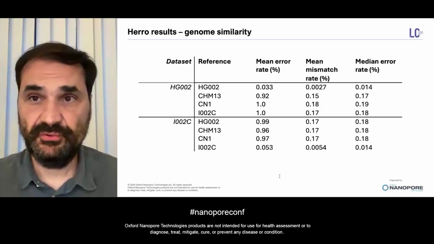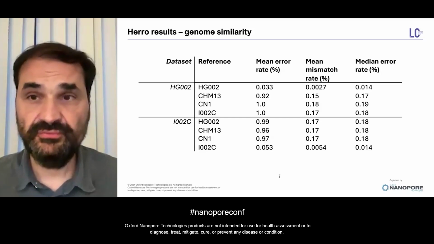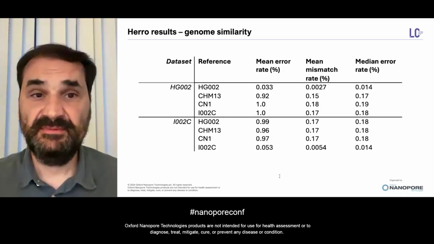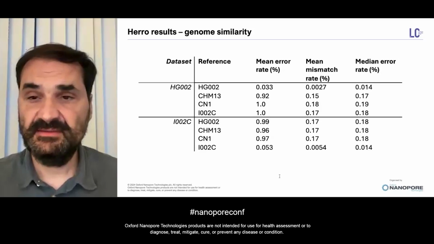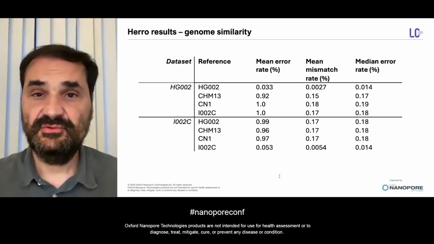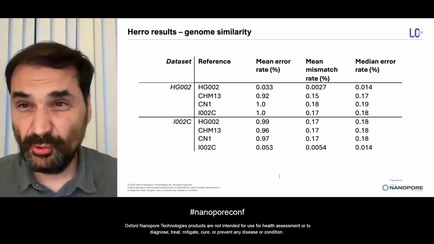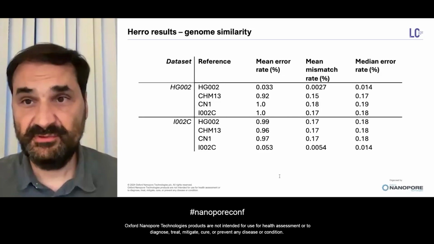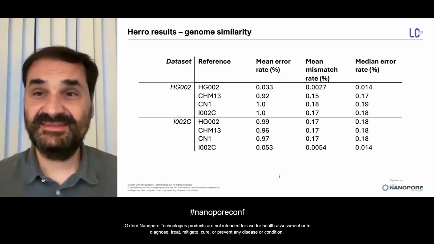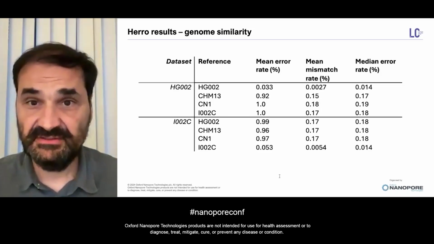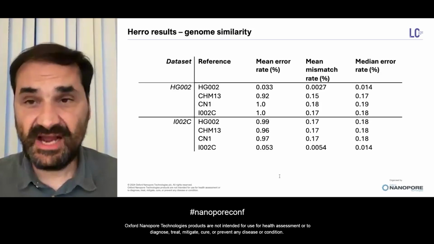In the first row, you can see HG002 reads when we map them to the HG002 reference and some other references. You can see the error rate is very, very low when the same reference is used, but the error rate is higher when we try to use other references.